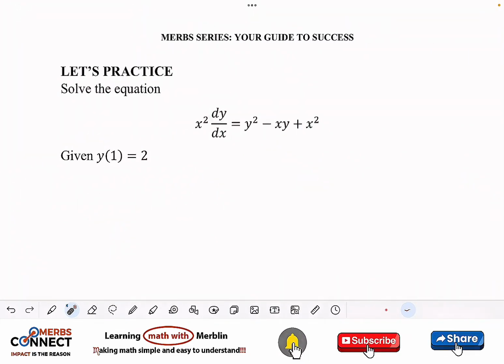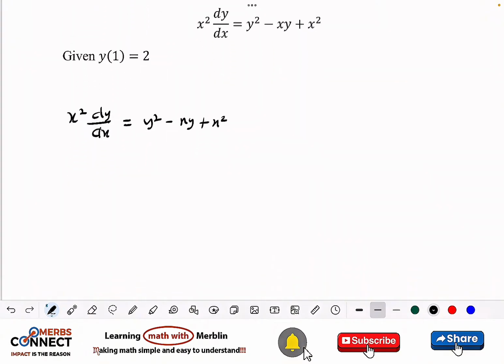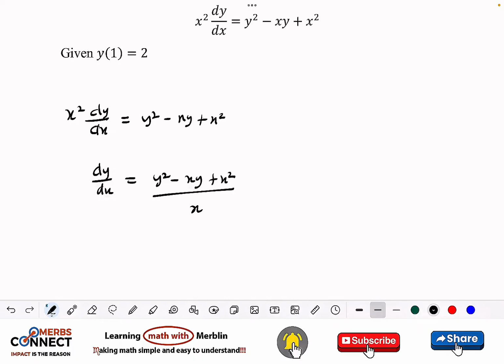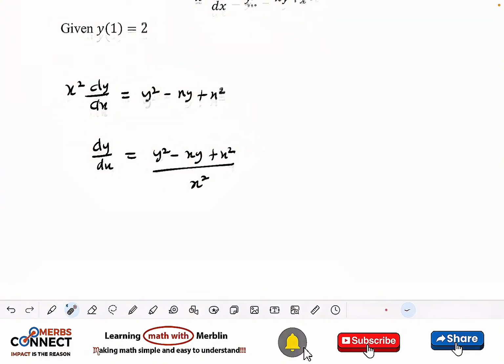Looking at the example, the coefficient is not 1, so we need to clear it. We have x squared dy over dx equals y squared minus xy plus x squared. Since we want the coefficient to be 1, we divide through by x squared, and we get dy over dx equals y squared minus xy plus x squared, all divided by x squared.